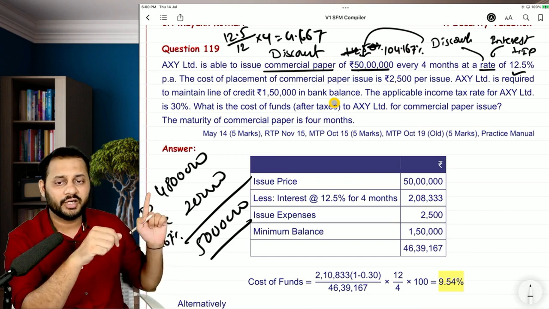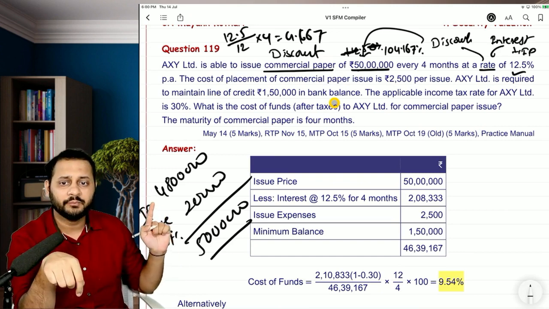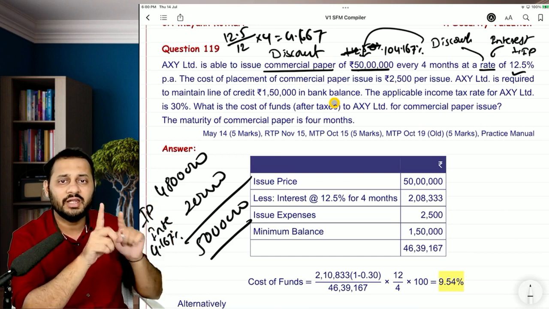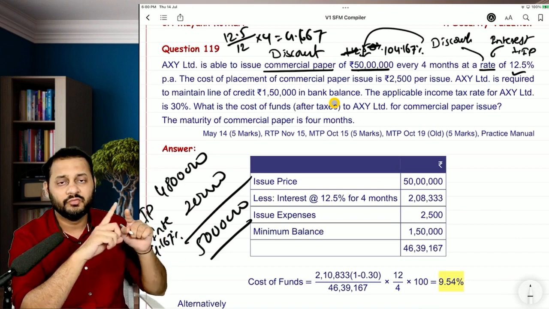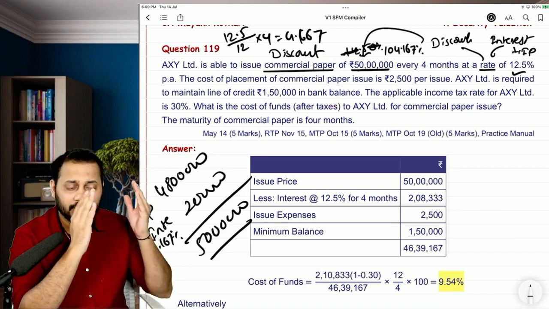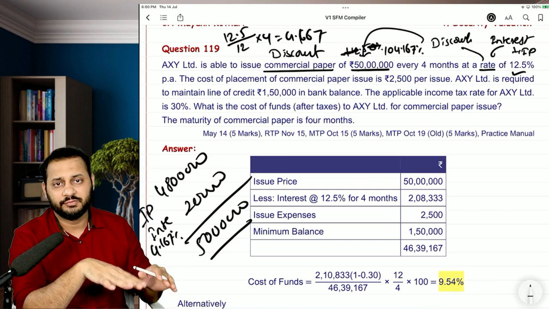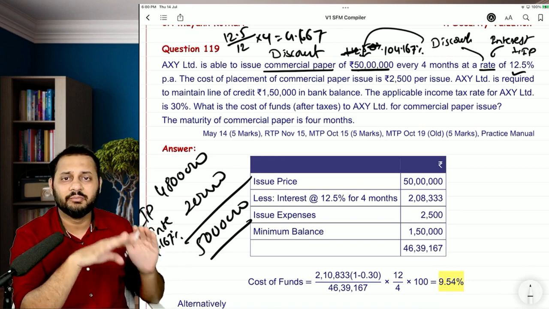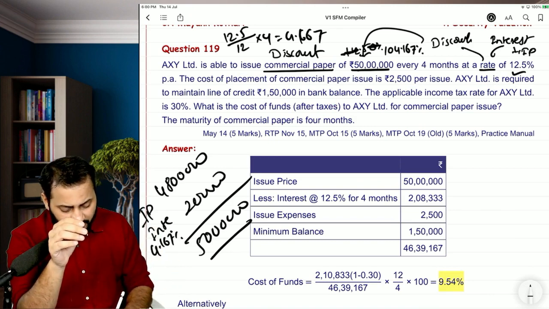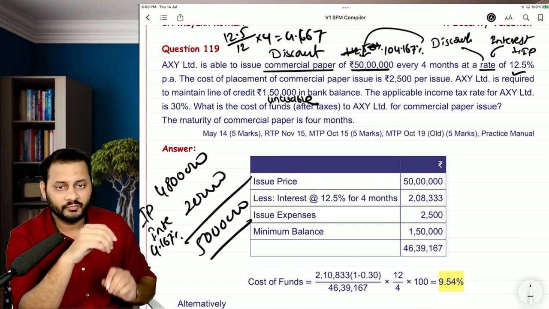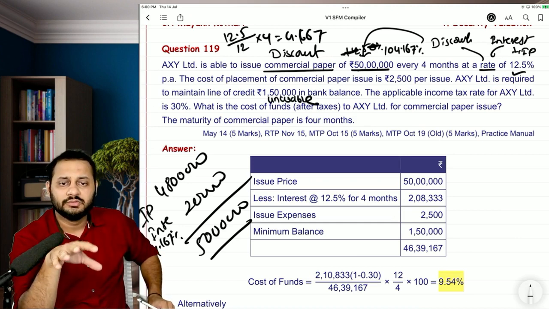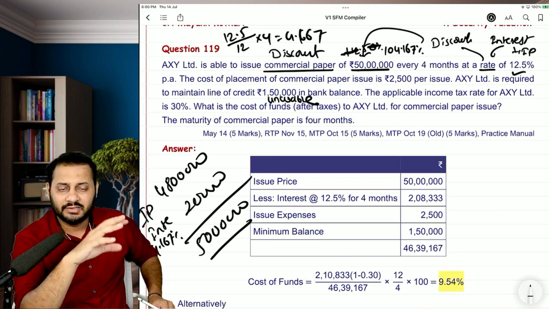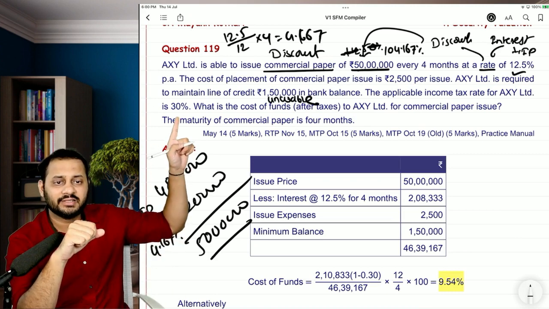So the moment 48 lakh rupees is credited in the bank, out of this 48 lakh rupees, 1,50,000 rupees will be permanently stored in the bank itself. You cannot use that money. So 1,50,000 rupees is unusable. Okay. In bank balance, the applicable income tax rate is 30%.